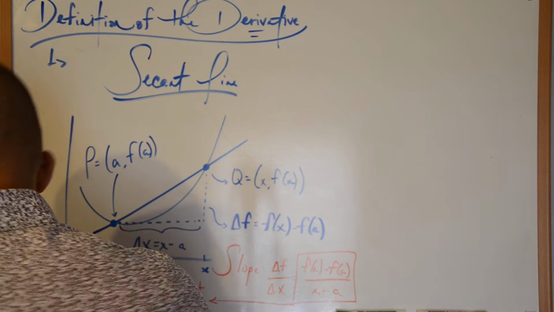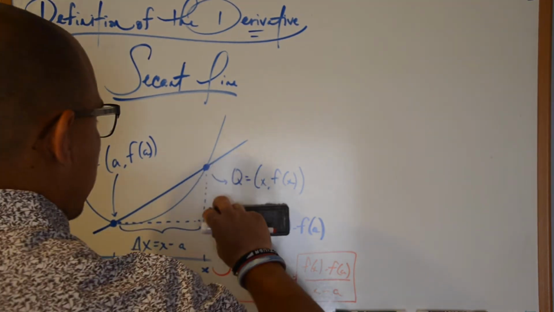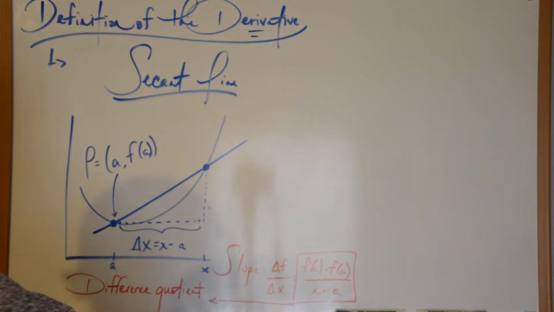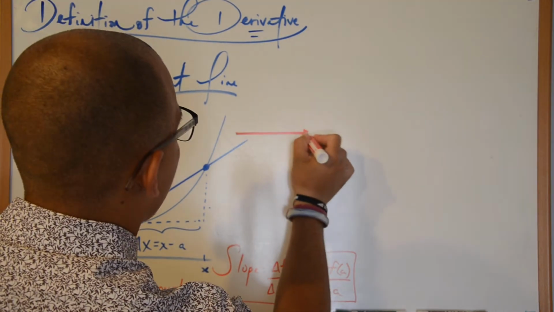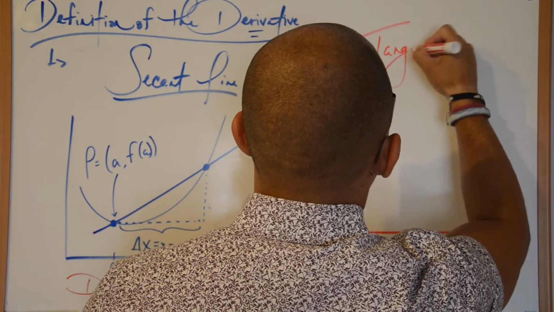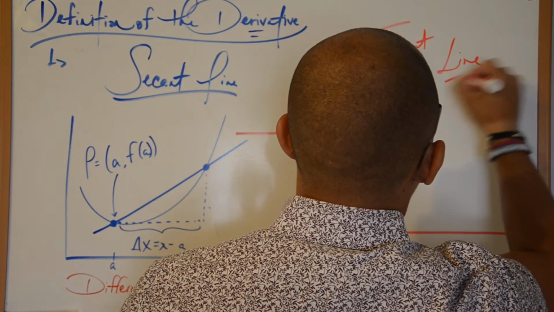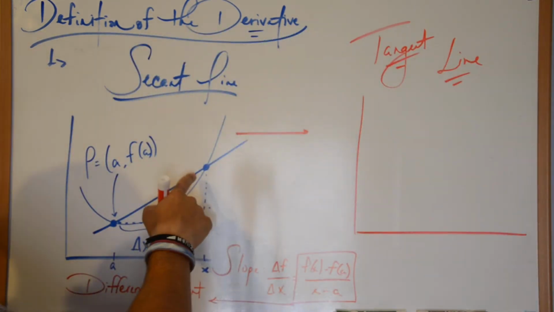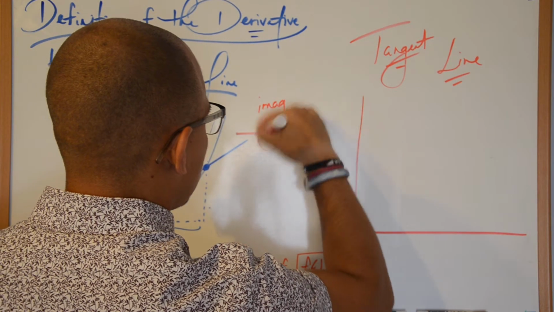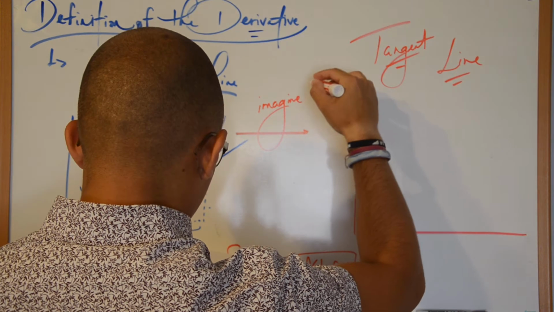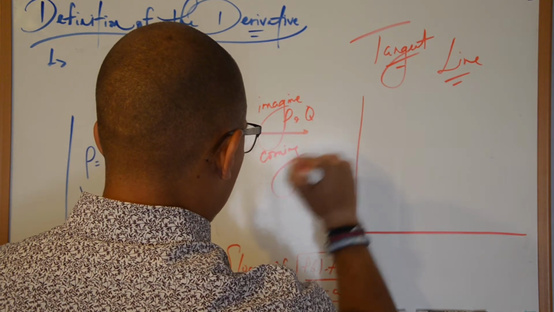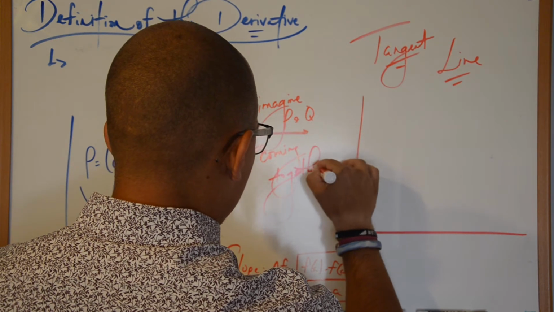So what is a tangent line? Like I said, I'm going to erase this piece just to have a little bit more room. To conceptualize a tangent line, remember this is point Q, try to imagine P and Q coming together.